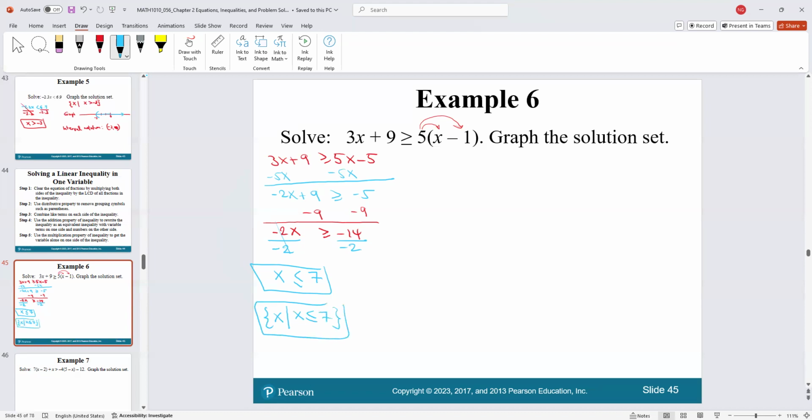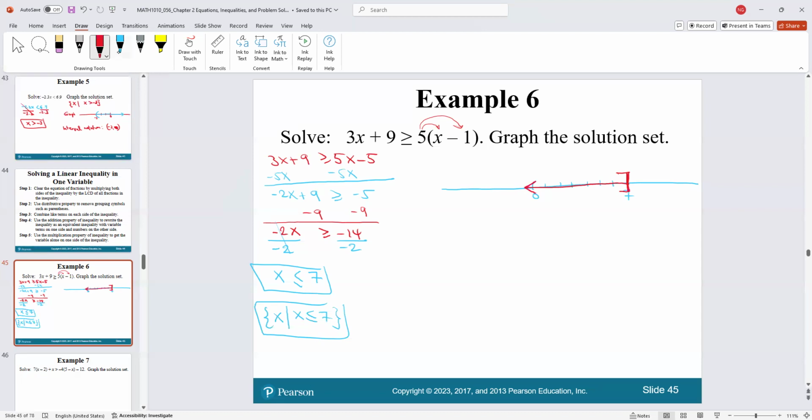But the goal is to express it on a number line. We have 0 here, 1, 2, 3, 4, 5, 6, and 7. What they ask you to do, x must be less than or equal to 7. Remember, 7 is included. We're going to use a bracket, and because it's less than, we go to the left.